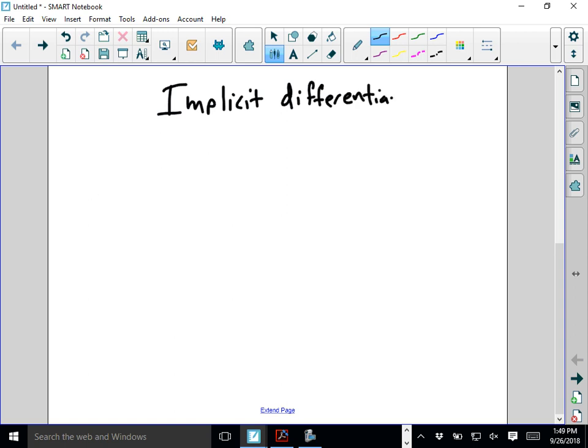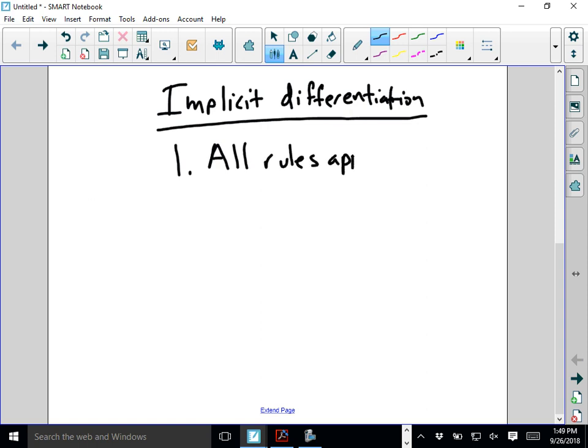Differentiation. First thing we need to know is that all rules apply. So the different rules that we learned, product rule, quotient rule, chain rule, they still apply.